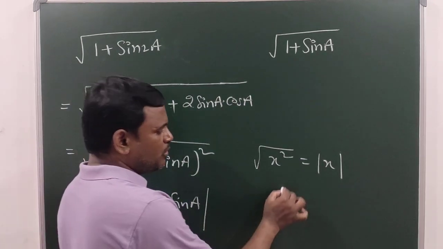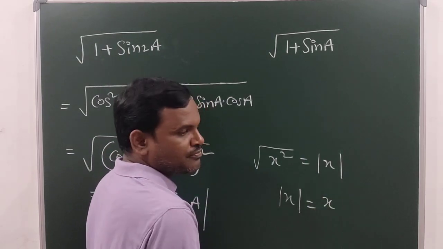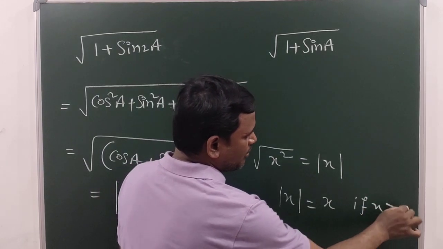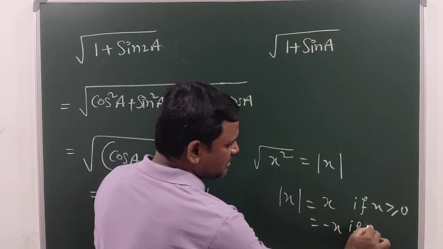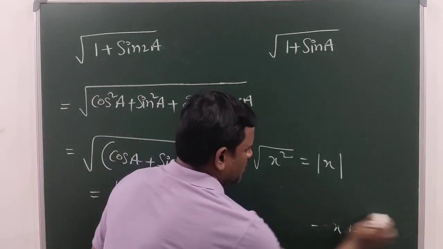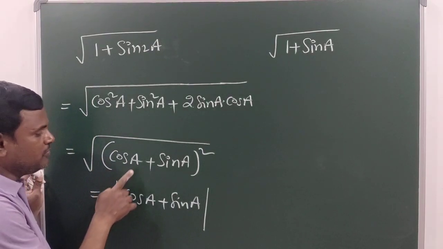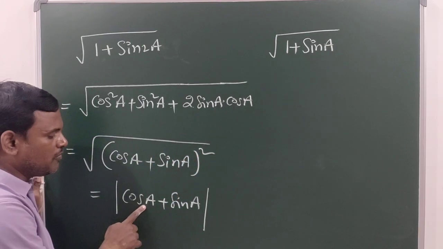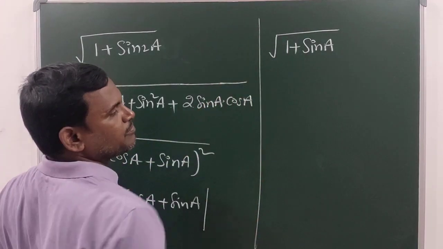You know the definition of mod x: it is equal to x when x is greater than or equal to 0, and it is going to be minus x if x is negative. Similarly, when you find the square root of this cos a plus sin a whole square, what do we get? Mod of cos a plus sin a. Keep it aside.